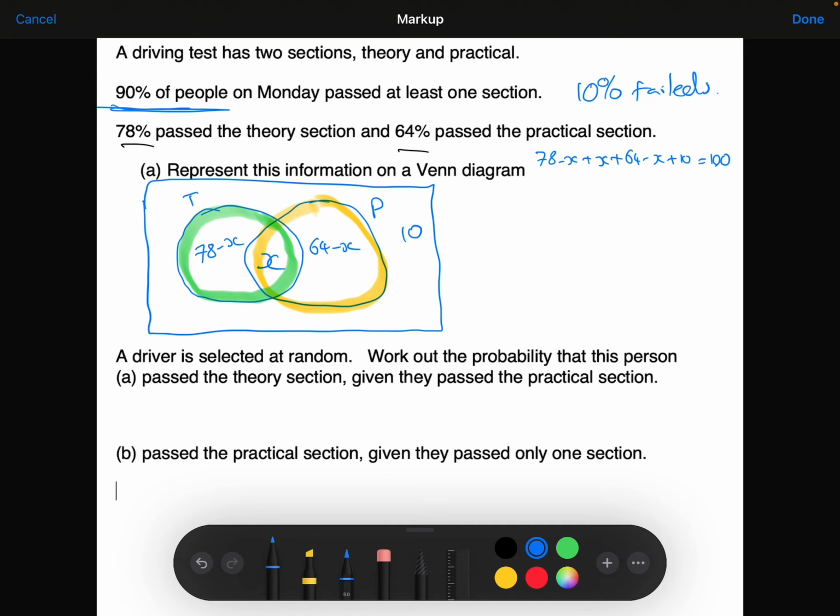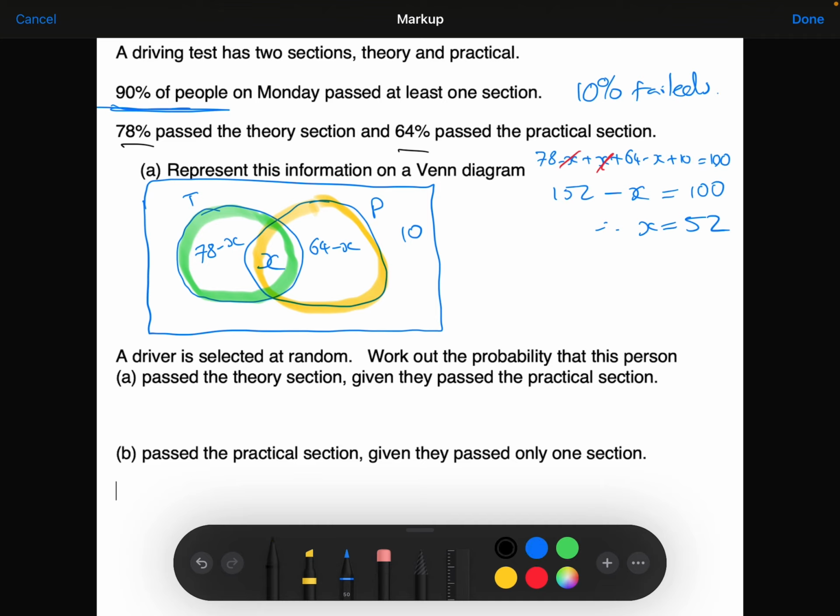If I now solve this equation, collecting up the like terms and adding up the 78, the 10 and the 64, that gives me 152 minus X equals 100. Therefore, X equals 52.